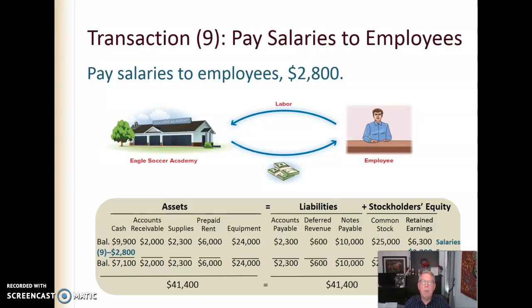All right, now we're going to pay our salaries to our people. In this case, $2,800. So cash is going to go down to pay that, but our expenses, salaries expense, is going to go up.